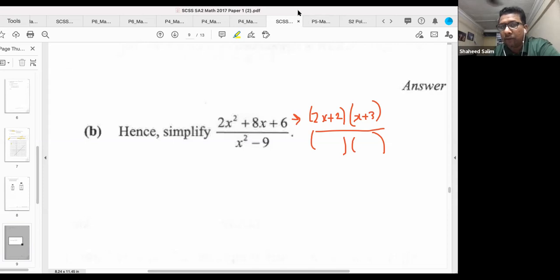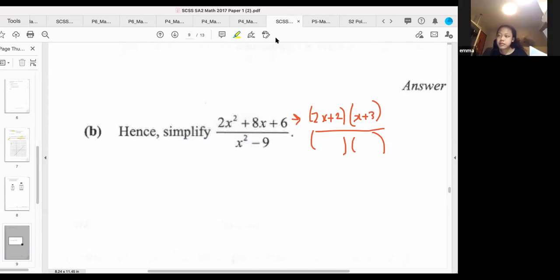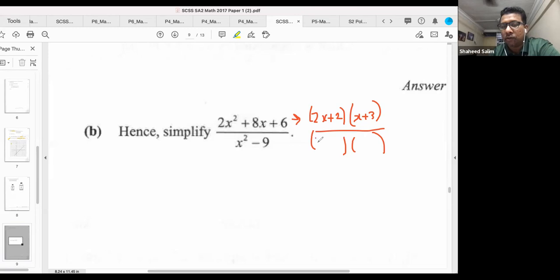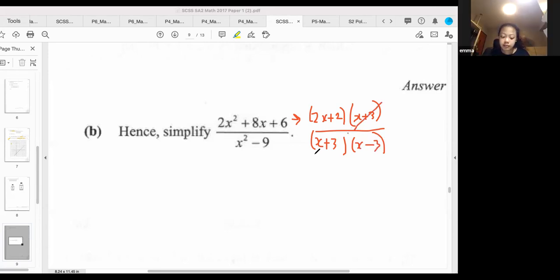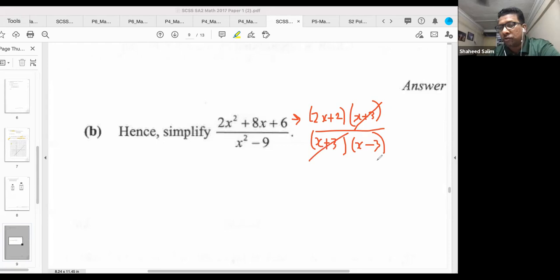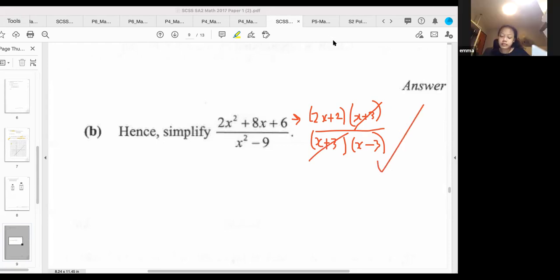Am I correct? I just write it down so that we are all on the same page. And down here you say x plus 3, x minus 3, right? So you cancel this. 2x plus 2 over x minus 3, correct? Okay. All right, well done.